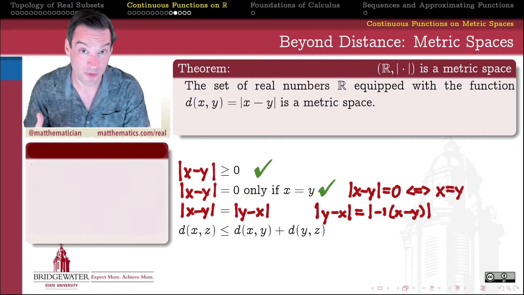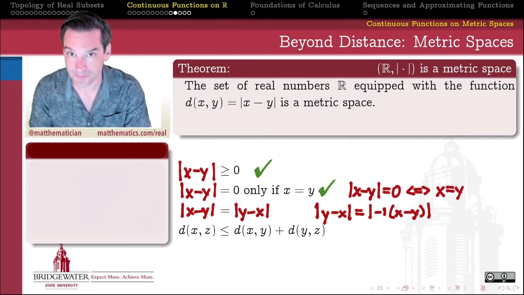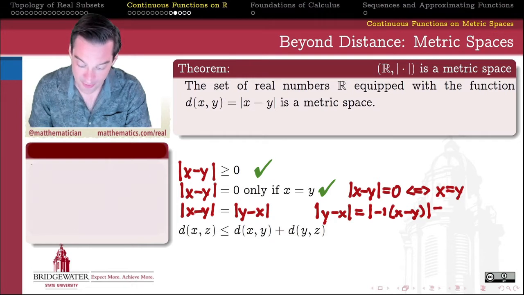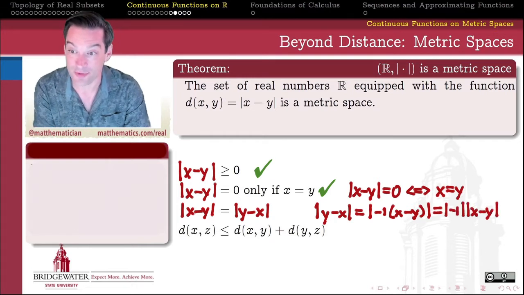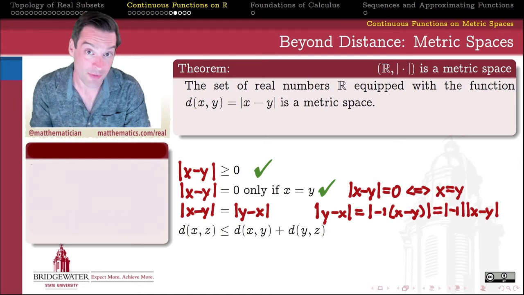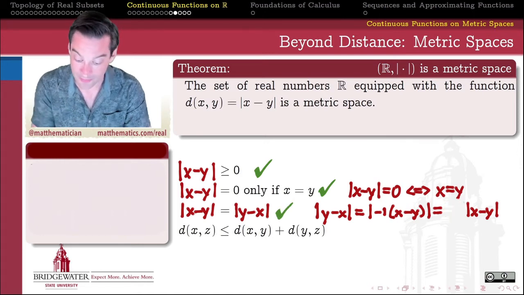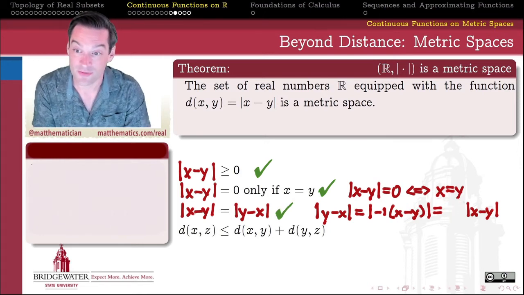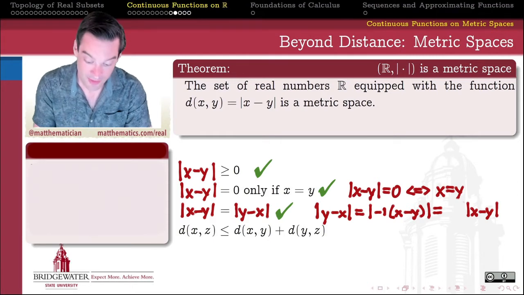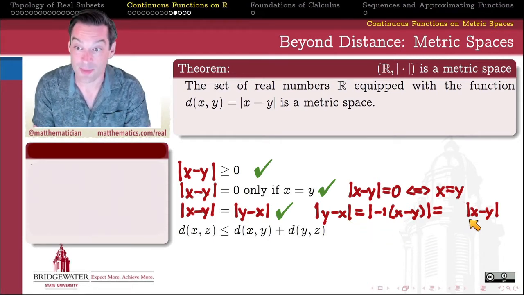Absolute value is a multiplicative function. It's an example of what we call in algebra a norm function. And so I can split out that absolute value of -1 times the absolute value of x minus y. But what is the absolute value of -1? It's just 1, and multiplication by 1 is invisible. So the absolute value of y minus x is exactly the same thing as the absolute value of x minus y.